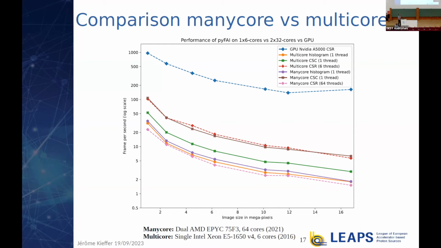If we look at the performances of Pi-Phi, if we start with a single core histogram algorithm, that's the orange curve here. If I go parallel, so parallel is the dashed line, it's here, in red, and we see a clear increase of speed when we go parallel. If I use the GPU inside the same computer, I'm much faster.